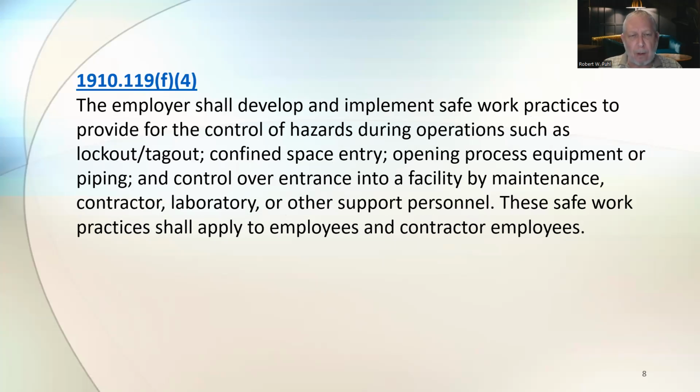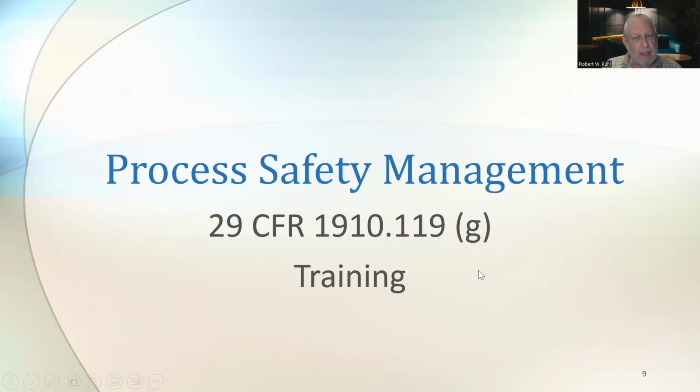F4 is quoted later on too, and that's what they're talking about. Safe work practices are just kind of regular safe work practices required by OSHA, or some is required by OSHA, but they could be any kind of safe work practices. But they specify lockout, tagout, and confined space, that type of thing. So the employer shall develop and implement safe work practices. You should have that anyhow. That's pretty simple.